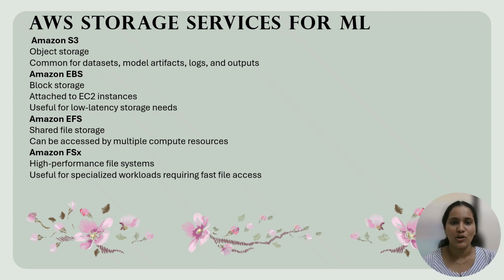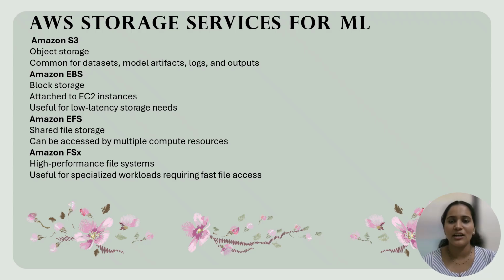AWS EBS, or Elastic Block Store, provides block storage that is attached directly to EC2 instances. It is ideal for applications that require low latency access, such as model training on virtual machines. AWS EFS, Elastic File System, offers shared file storage that can be accessed by multiple compute resources at the same time, making it useful for collaborative machine learning environments.